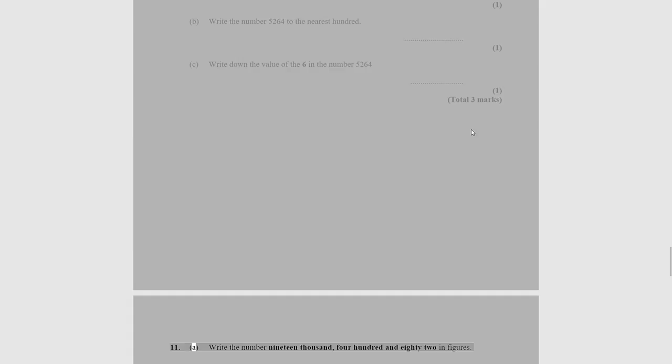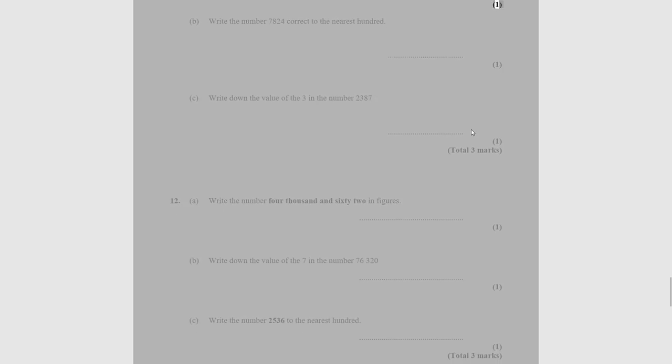11a. Write the number 19,482 in figures. 11b. Write the number 7,824 correct to the nearest hundred. 11c.